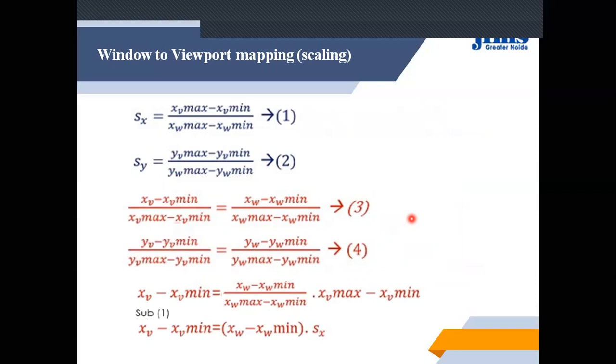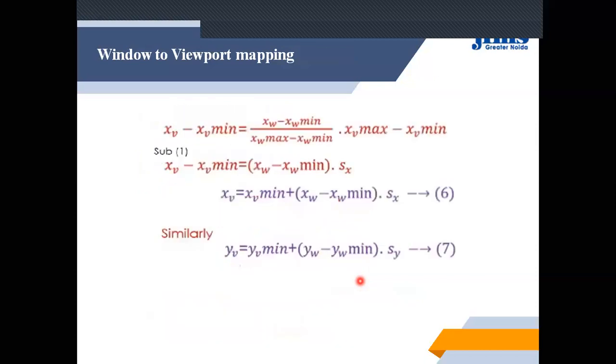There is no need to remember these because it cannot be asked. Generally they ask an example on this, and the examples are based on the length as well as width of the window as well as viewport.